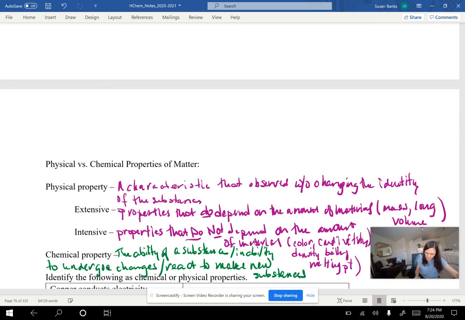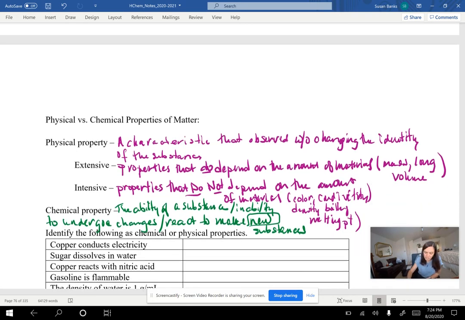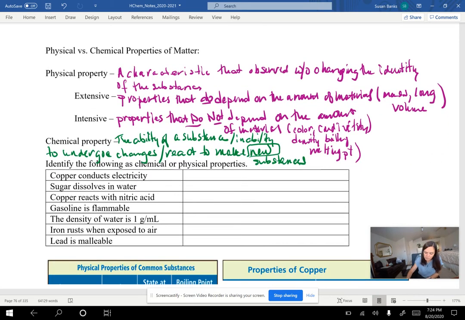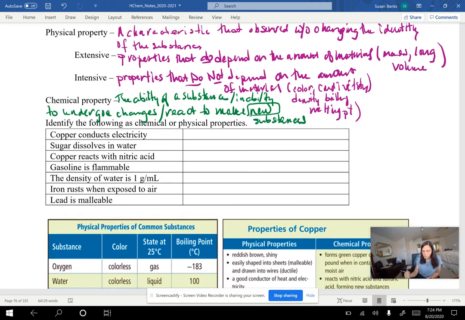Okay, the key word here is this new. Anytime we are doing a chemical property, we are changing the chemical composition from what we started, okay?